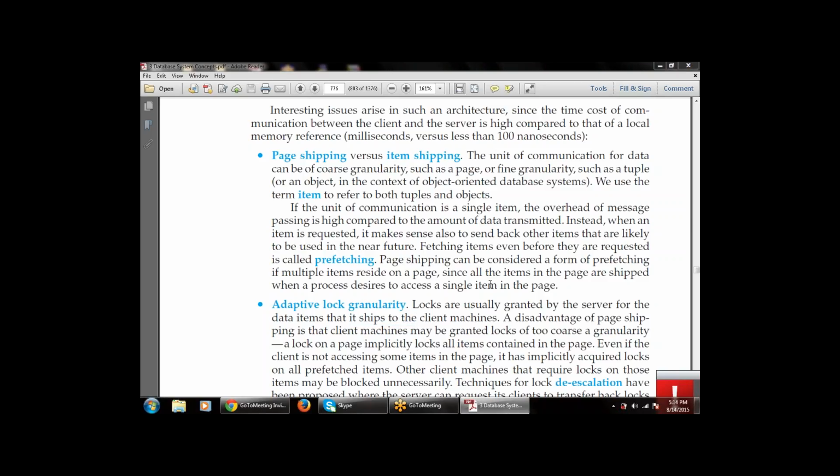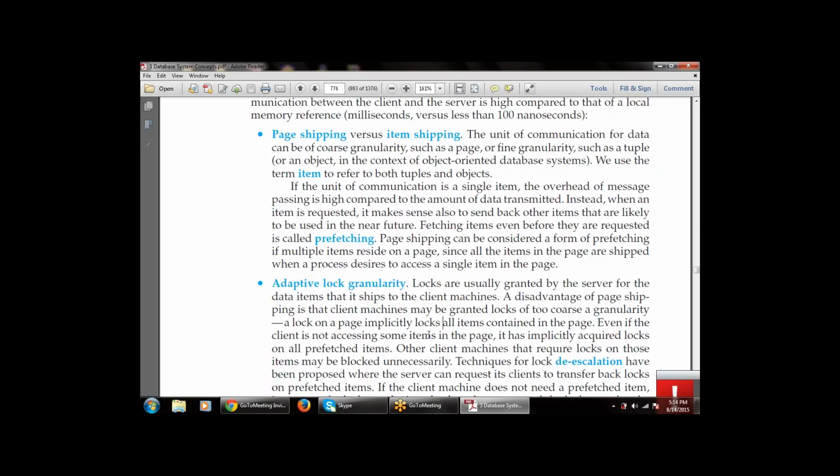So next is the adaptive lock granularity. How do we use it? Locks are usually granted by the server for the data items that are shipped to the client machines. A disadvantage of page shipping is that a client machine may be granted locks of too coarse a granularity. A lock on the page implicitly locks all the items that are contained in the page.